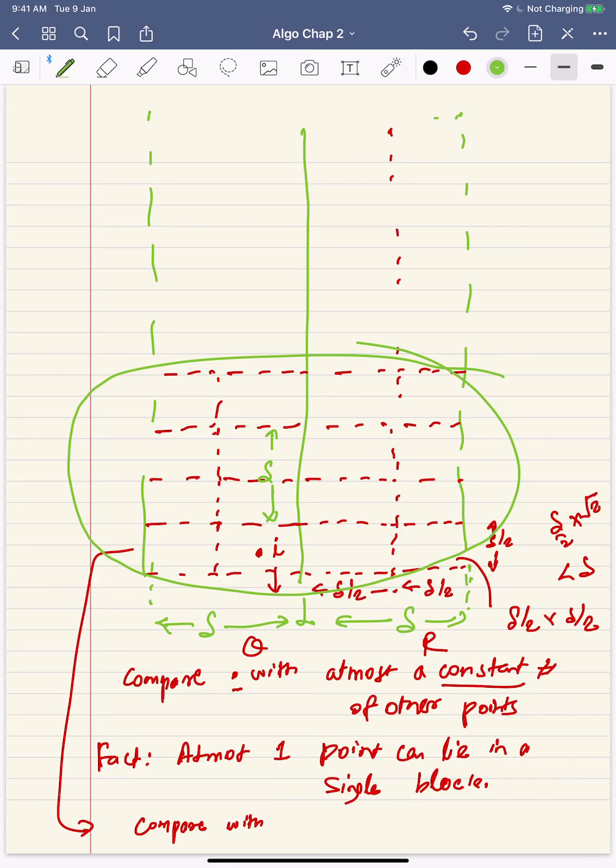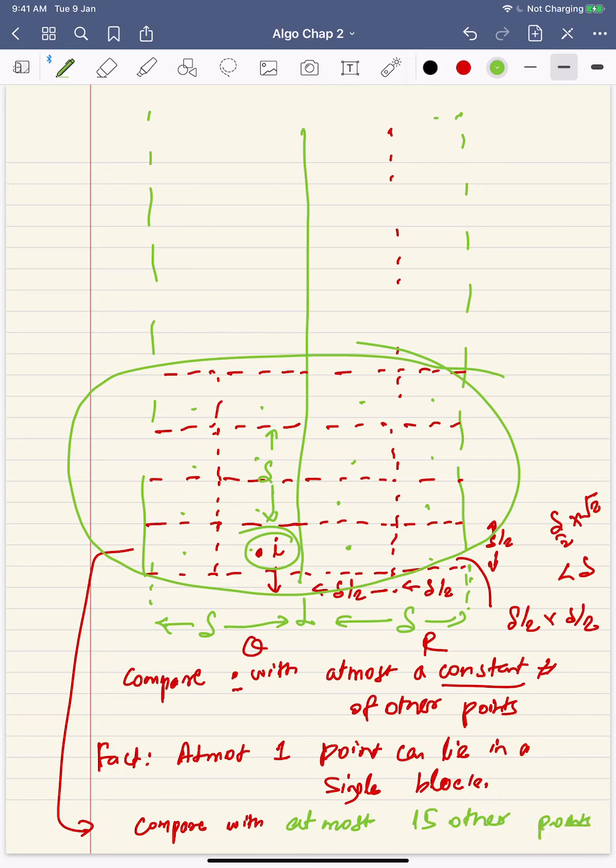So how many points are there in the grid? There are 1, 2, 3, 4, 5, 6, 7, 8, 9, 10, 11, 12, 13, 14, 15, 16. 4 cross 4, 16 points, and 1 is just where this point lies. So there are 15 other points.